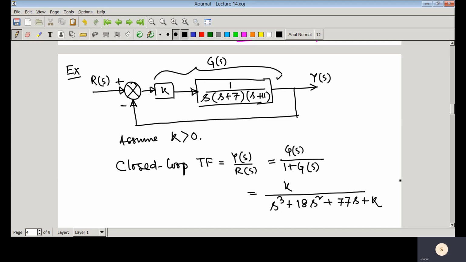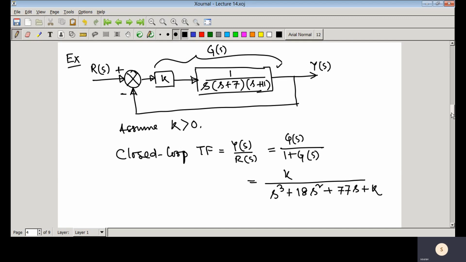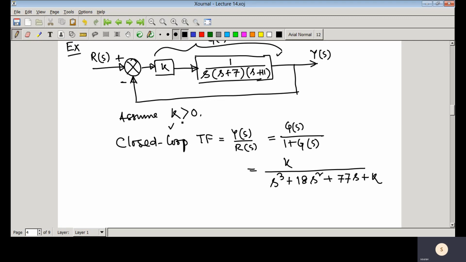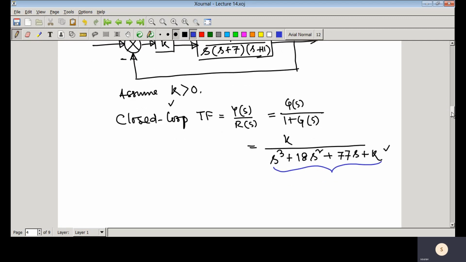So now we are interested to find what would be the range of that K such that this closed loop transfer function would be stable. To be stable, we need to ensure that this particular polynomial, that is the characteristic polynomial, the roots of these polynomials all should lie in the open left half of the S plane. So how to do that one?